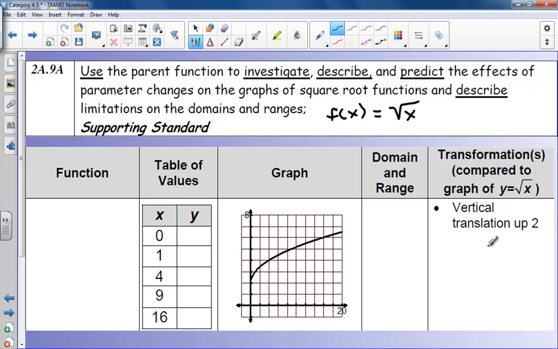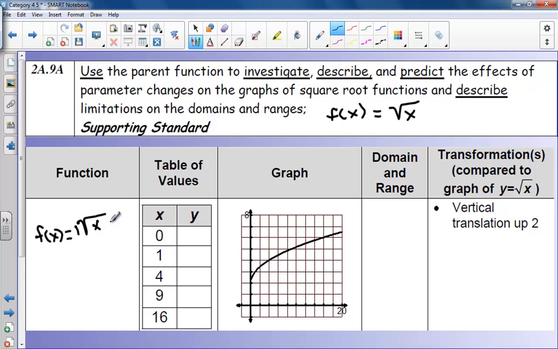Vertical translation up 2. So from that, I can actually go ahead and write my equation based on what I know about a, h, and k. So if there is no stretch or compression, then my a value is still going to be 1, as it is in its parent function, square root of x.